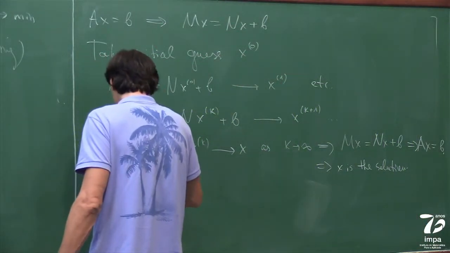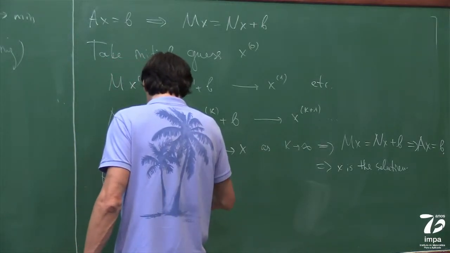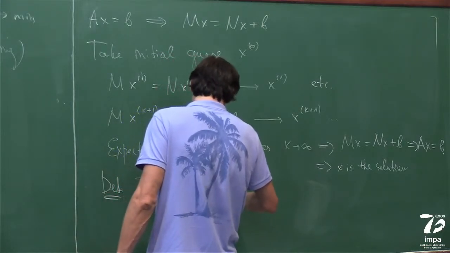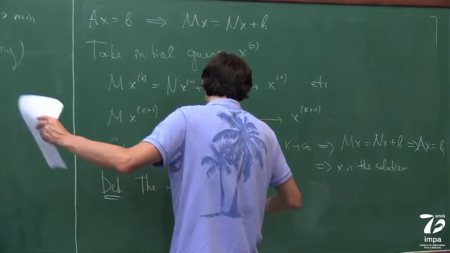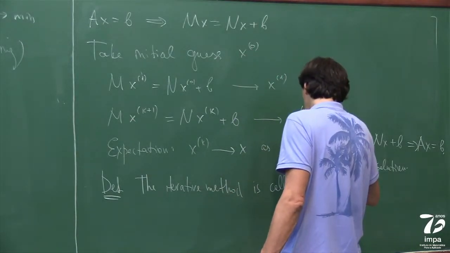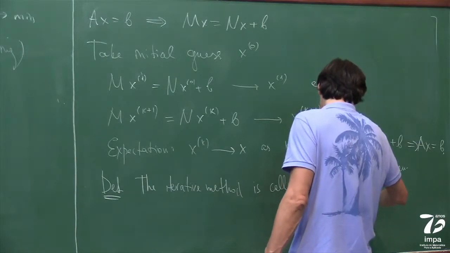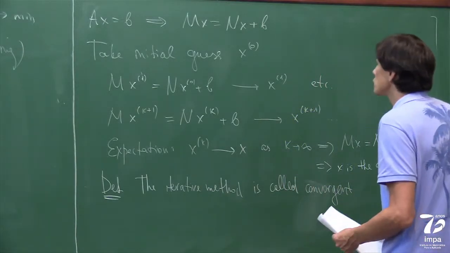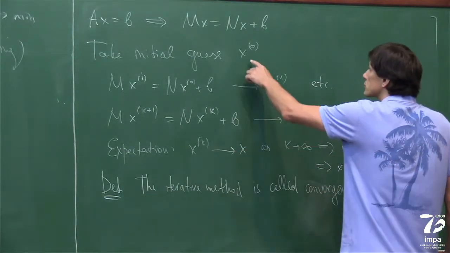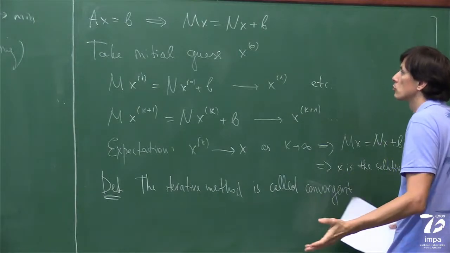So the definition: the iterative method that we just described is called convergent. The crucial point is that it should converge for some initial guess, which we don't know. We don't know what is a good guess.